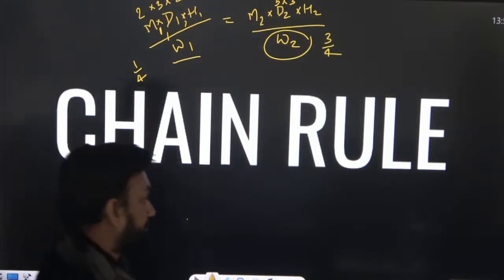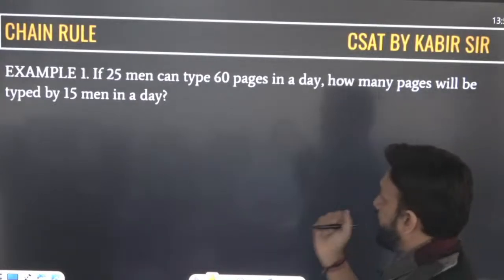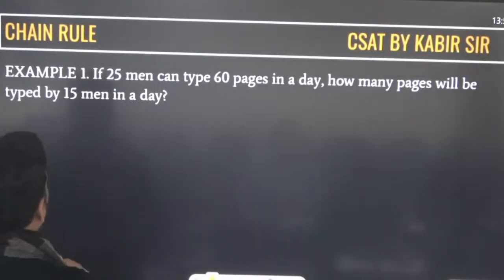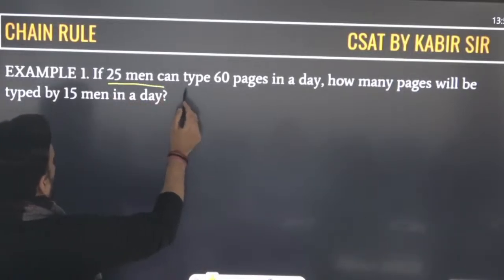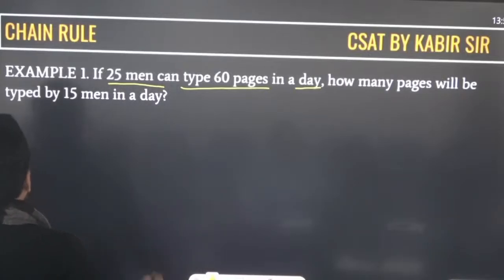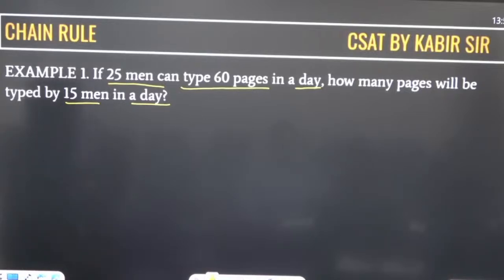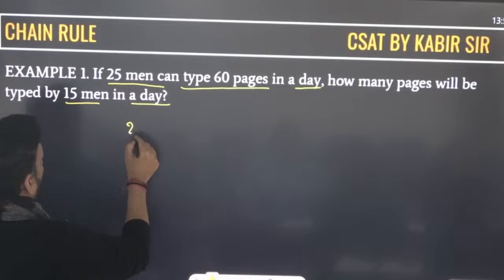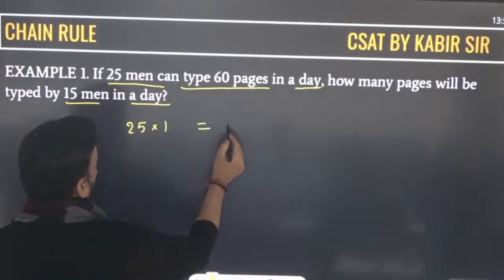This formula I already told you. Now we will see directly the question. If 25 men can type 60 pages in a day, how many pages will be typed by 15 men? Talking about a single day. So 25 men, day is 1.